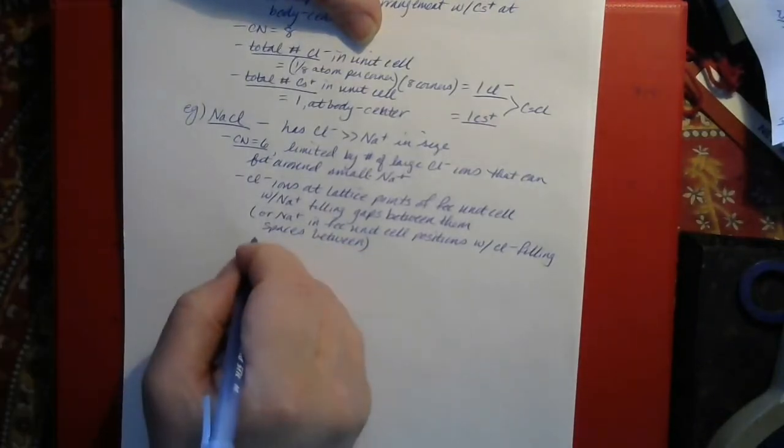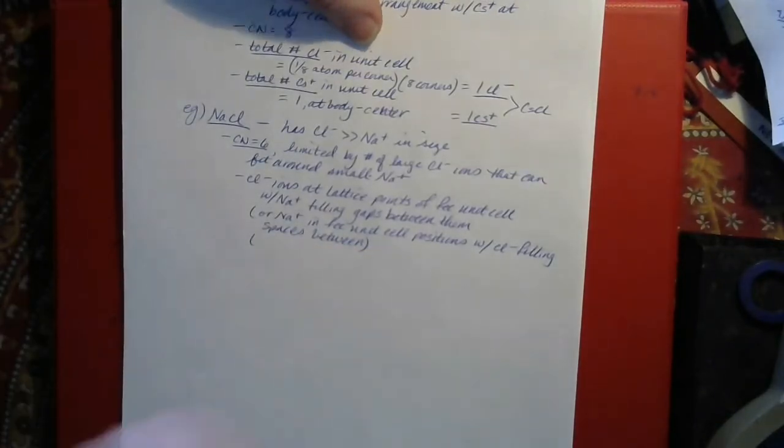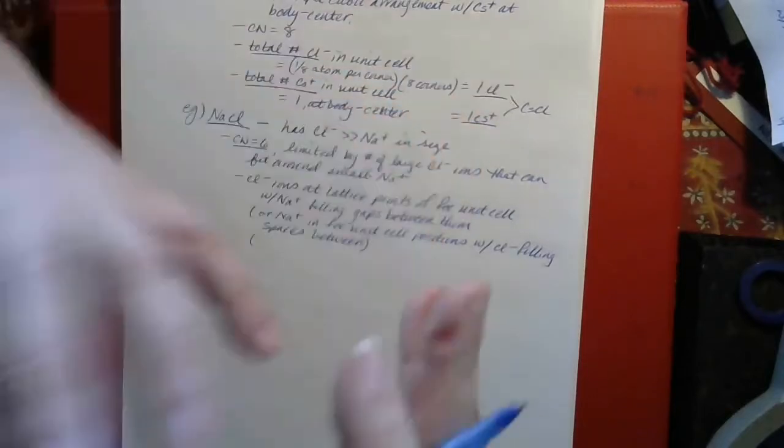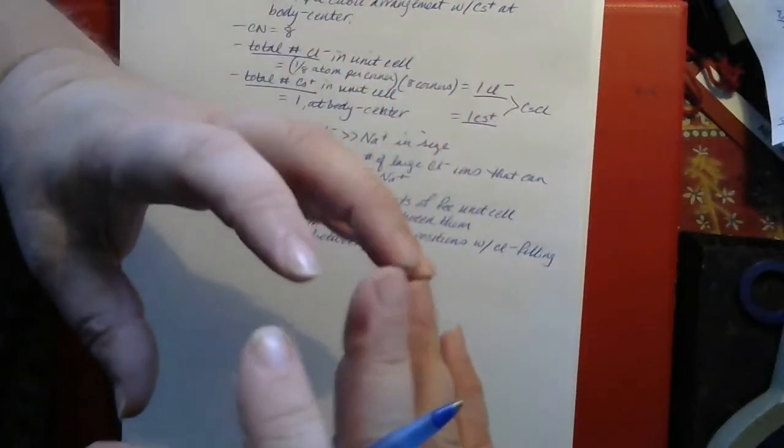And what this means actually is that you've got two face-centered cubic unit cells that are kind of superimposed on each other and offset by a little bit.